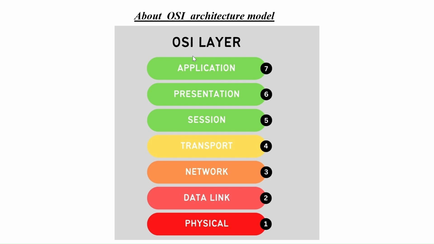I have said in the previous slide what the overview of the OSI model is, and I also wanted to say that the OSI model is a conceptual framework that breaks down network communication into seven distinct layers, providing a standardized way to understand and troubleshoot network interactions.